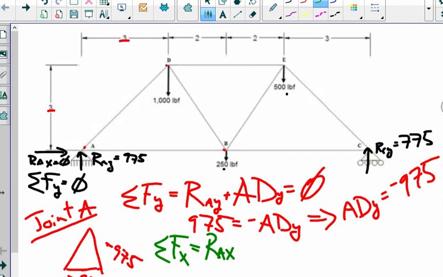ADX. Okay. And AB. And I'll do alphabetical order when I do it. AB. And so those are all our forces in the x direction. All right. So those add up to 0.